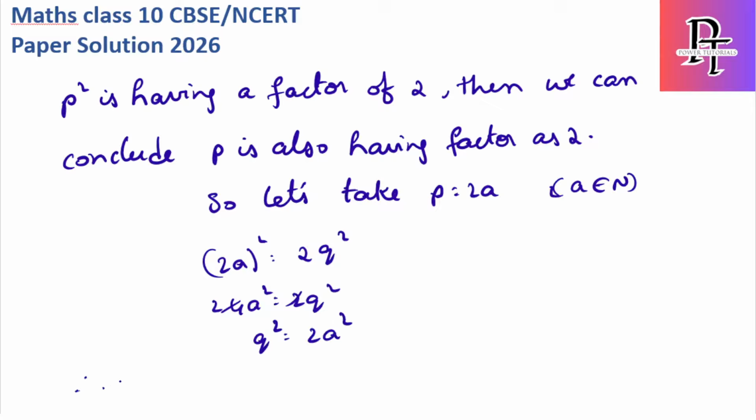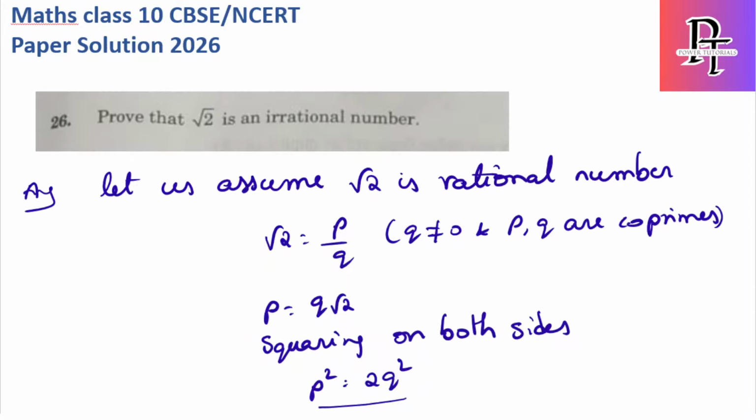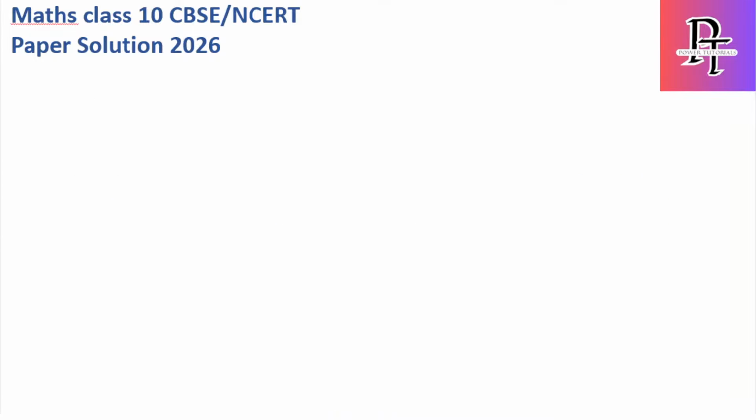So here it is saying q square has a factor of 2. In the same way, it also says that q also has a factor of 2, which contradicts our assumption, because I have clearly mentioned here p and q are coprimes, but we are saying p and q both have a factor of 2.